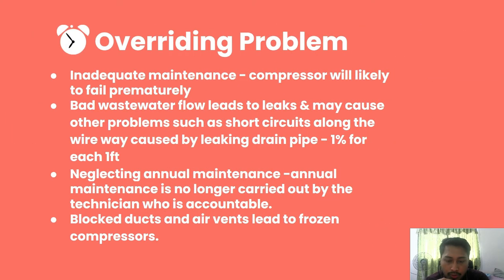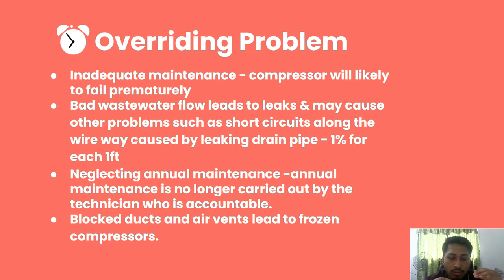So we go to the overriding problems. First one, inadequate maintenance. The compressor will likely fail prematurely, and then the bad wastewater flow leads to leaks and may cause other problems such as short circuits along the wireway caused by leaking drain pipe. So we need to make sure that the drain pipe is on a stabilized gradient.